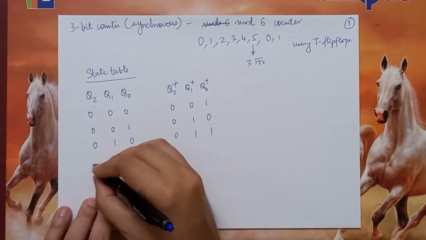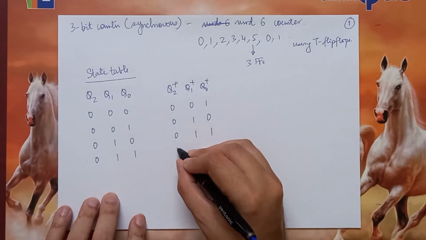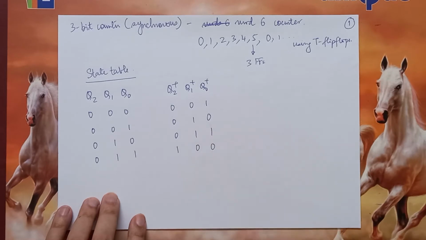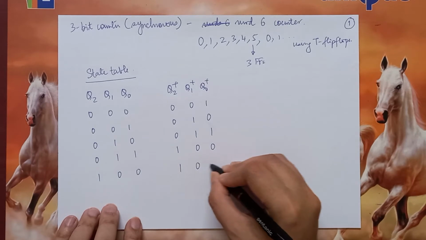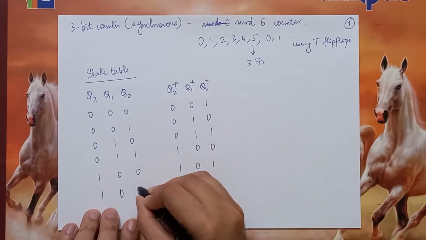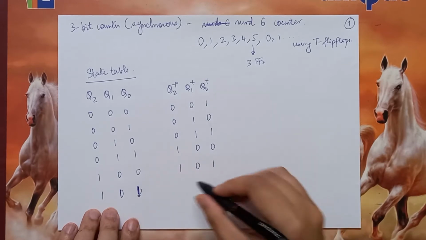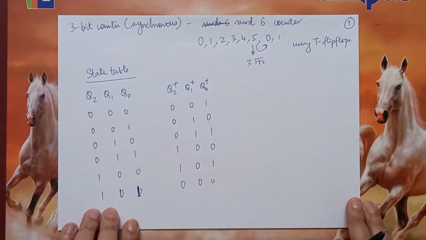That is 3. If the present state is 0, 1, 1, the next state has to be 1, 0, 0. For 1, 0, 0, the next state has to be 1, 0, 1. For 1, 0, 1, however, the next state has to be 0, 0, 0, because after 5, the count should go to 0.